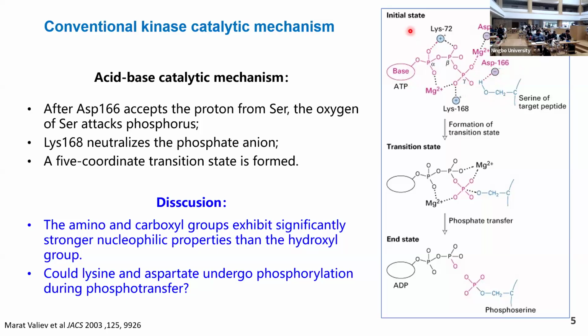But the thing is truly like this, we're going to have a discussion from a chemist's perspective, okay? So we all know that when you study organic chemistry, you will know the amino and carboxyl groups are actually much stronger nucleophiles than hydroxyl, right?